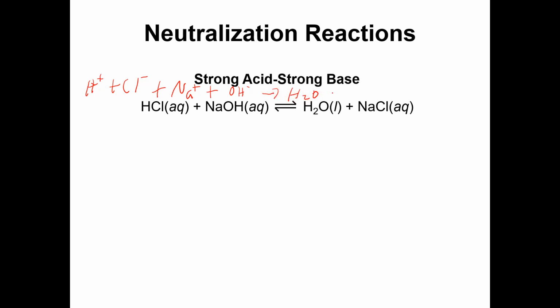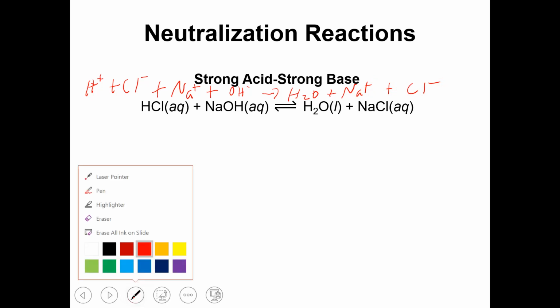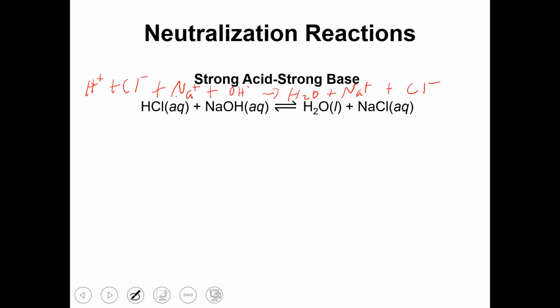Water is a liquid, so we can't break that up. And then we have sodium and chloride. If we cancel out everything that shows up on both sides, which is sodium and chloride, all that we're left with is the H plus and the OH negative gives us water. So that's our net ionic equation.